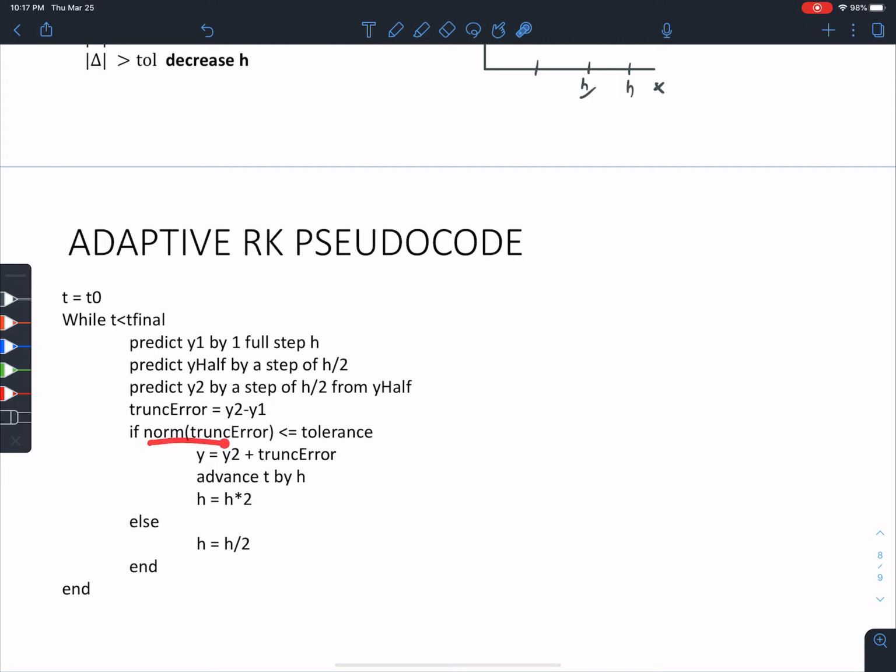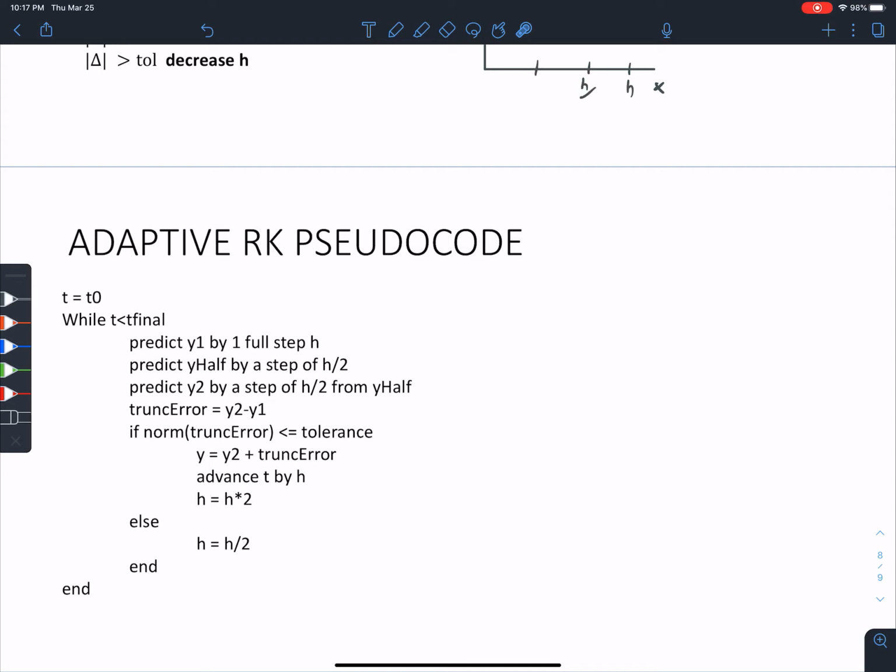But if the absolute value or the norm of the vector is lower than some tolerance, then you take your new y at that larger time step, meaning the h, to be the correct one. You still did 2 time steps, and that's still better than the other one, so you use the right value, but you still advance by h, right?